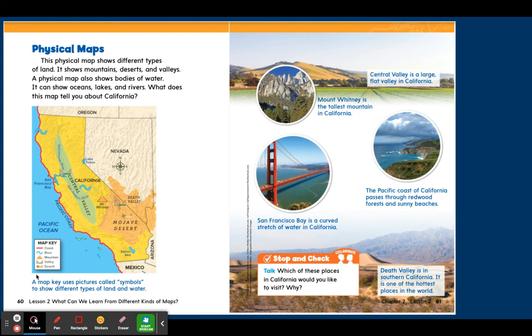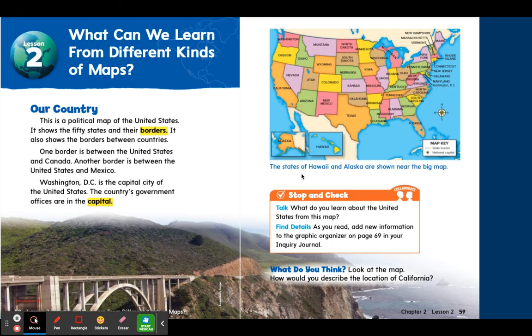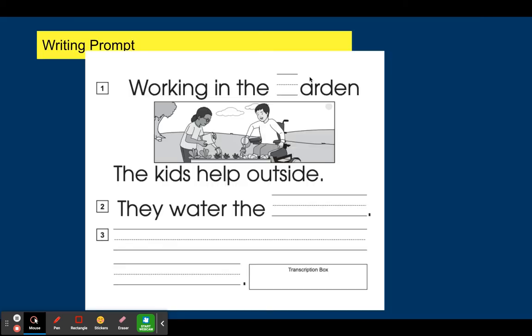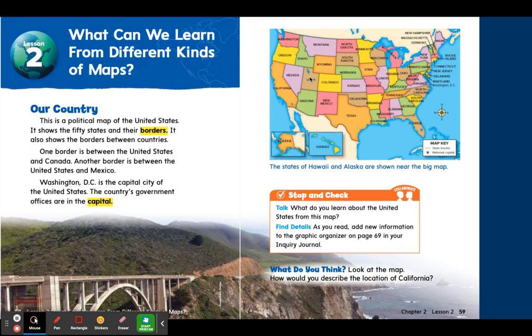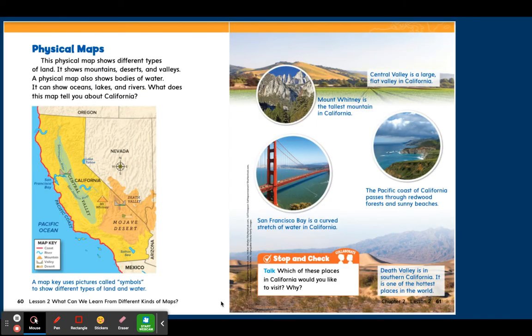Okay. Now, going back here, this is the map of the United States. So we learned about the borders, and then we learned that each state has a border, and then we learned that the capital of the United States was Washington, D.C. So as we're learning that there are different maps, I want you to go ahead and answer that question.